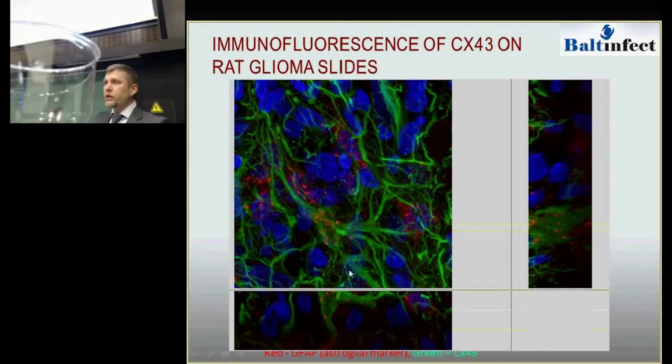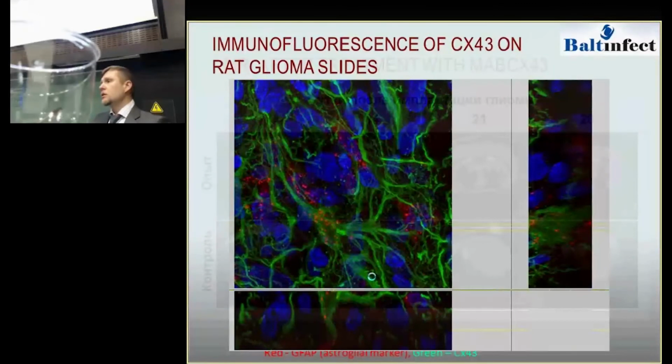In this picture, green is astrocytes of the astroglial bank, the peritumoral bank. And you can see connexin 43 in astrocytes, but also you can see some GFAP negative cells in the astroglial bank, which are connexin 43 positive.